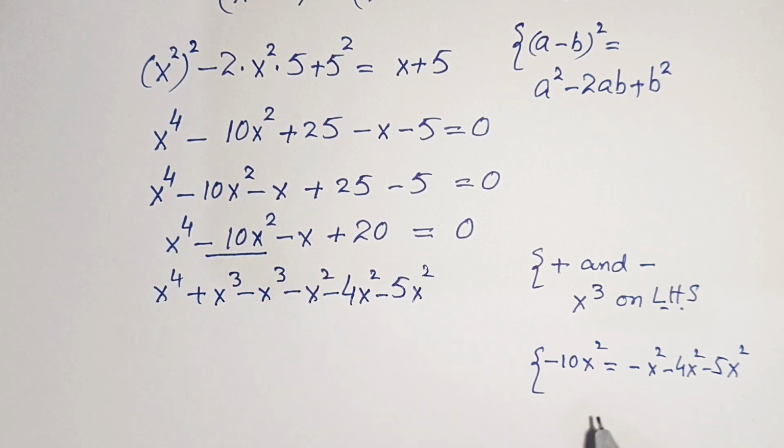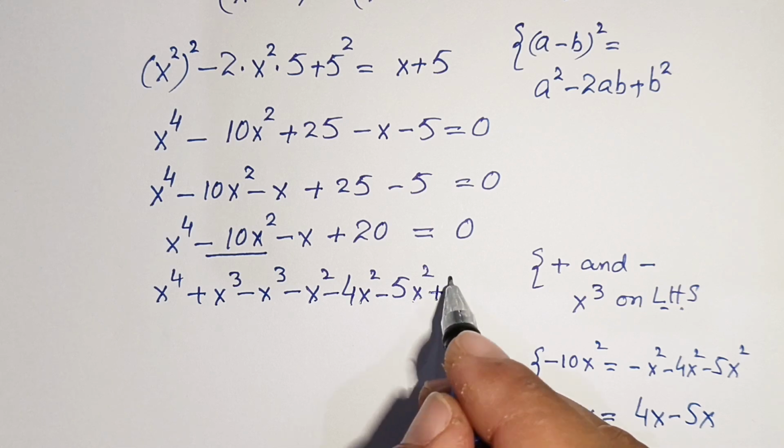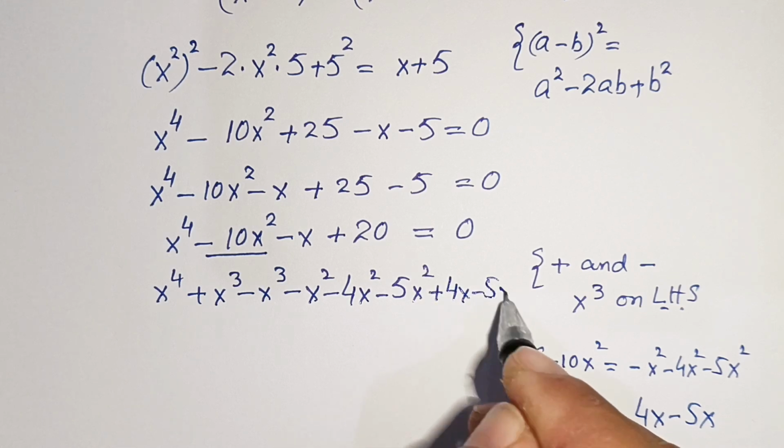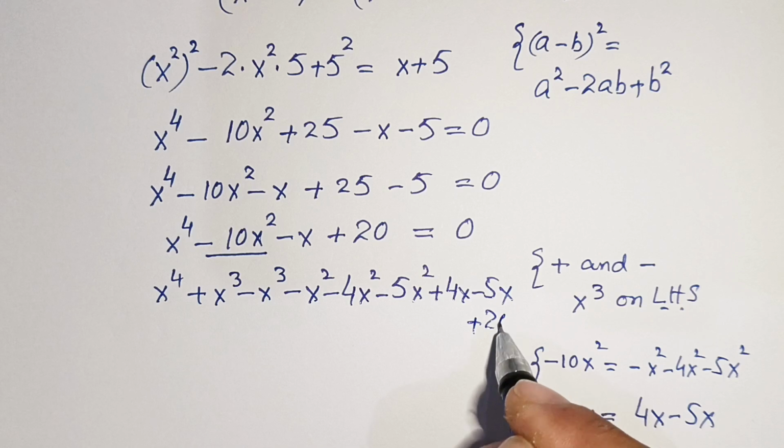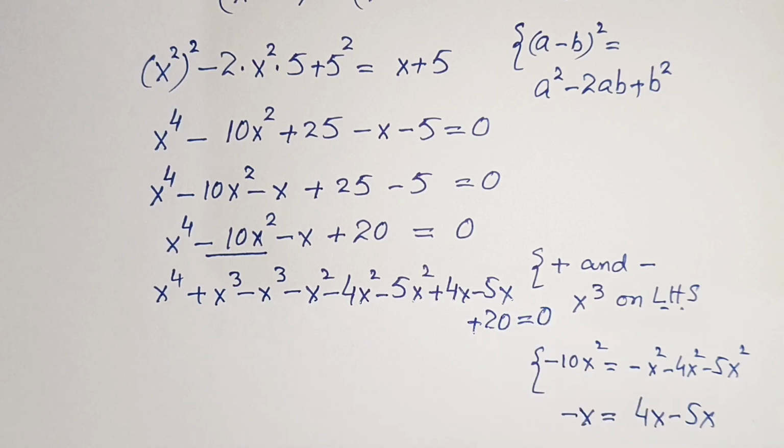Here we have minus x, so this minus x is also written as plus 4x and minus 5x. So we write here plus 4x and minus 5x. Here we get plus 20, which is equal to 0.